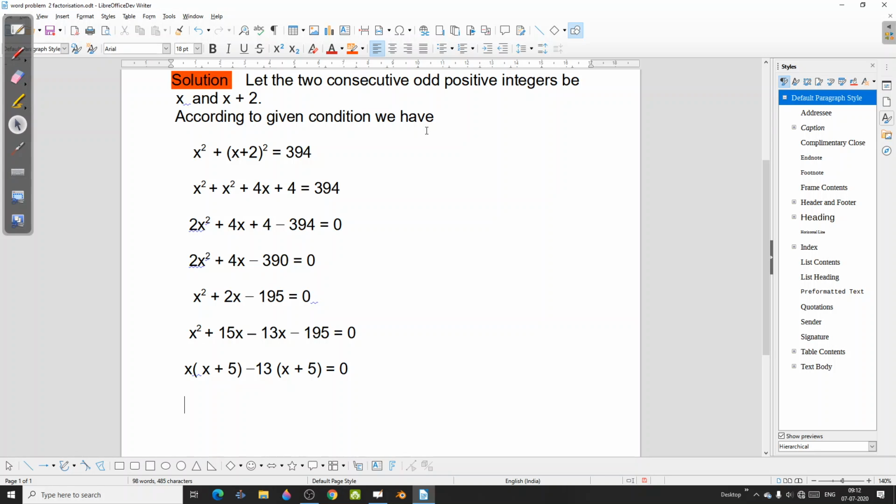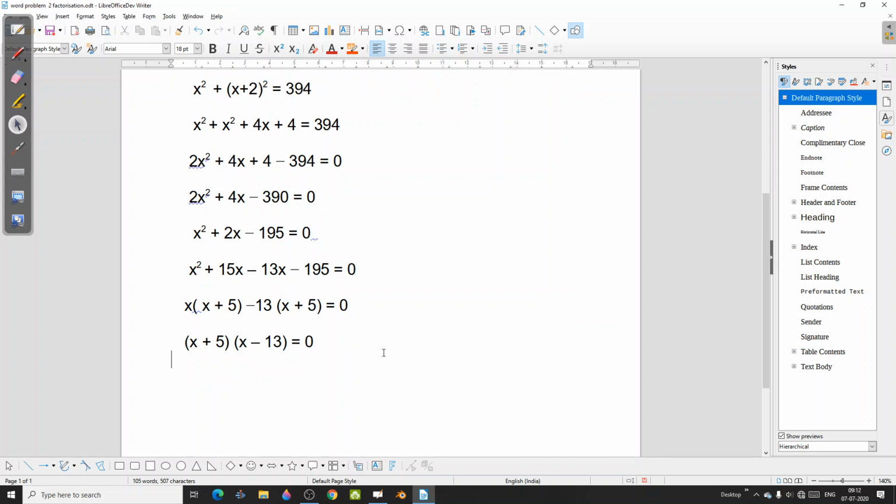Now from these two terms we will take x plus 15 common, and remaining will be x minus 13, equal to 0.